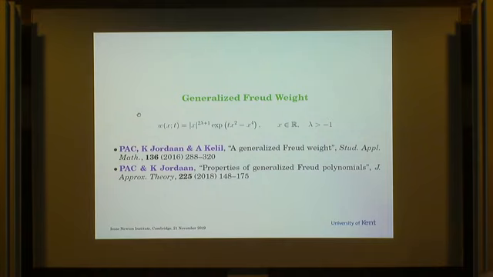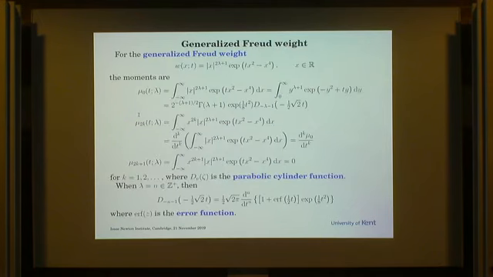But I want to move on to this generalized Freud weight, results I'm going to talk about in these two papers that appeared quite recently. So I'm taking the Freud weight and adding on this extra term here. Now, for this term, I can write the initial moment in terms of a parabolic cylinder function.